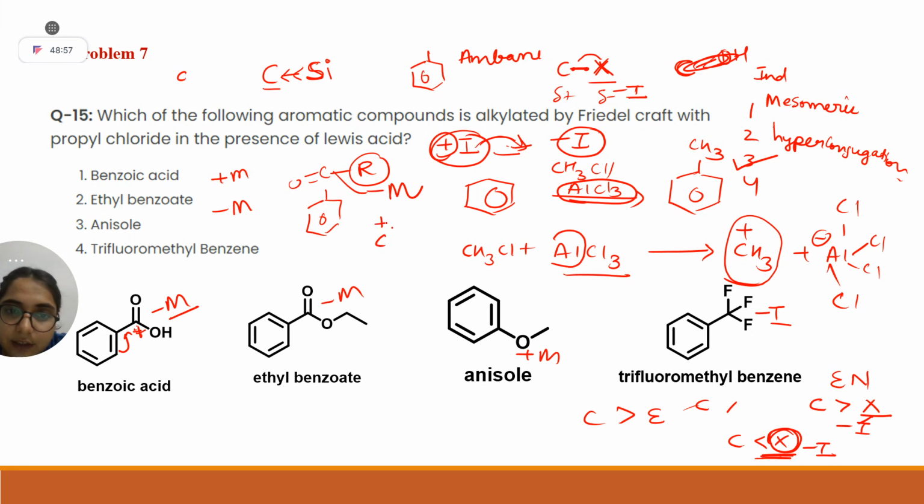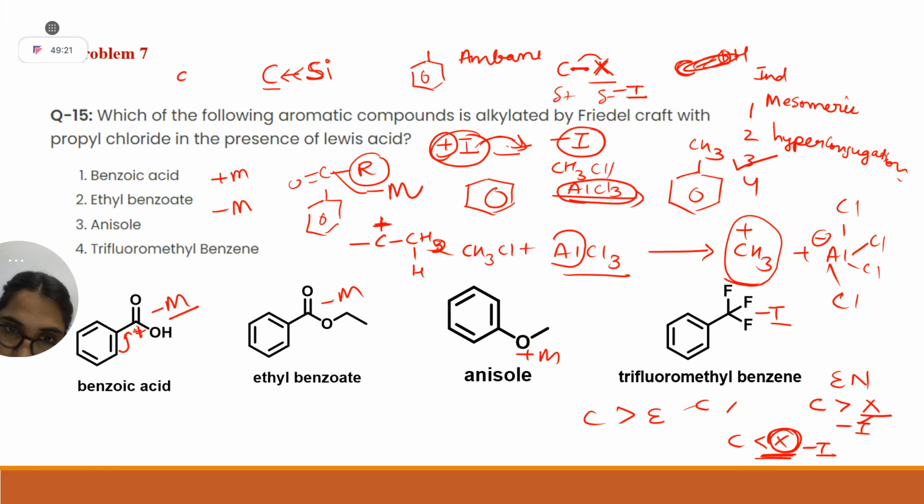And in hyperconjugation, what happens? Let's say you have a carbocation CH3 plus. Let me draw one of the hydrogens like this. Here electron deficiency is there. How many neighbors can come to help this carbon? This is hyperconjugation.